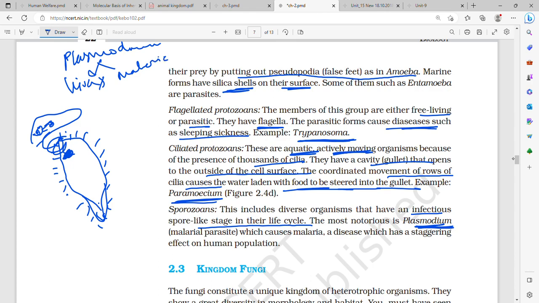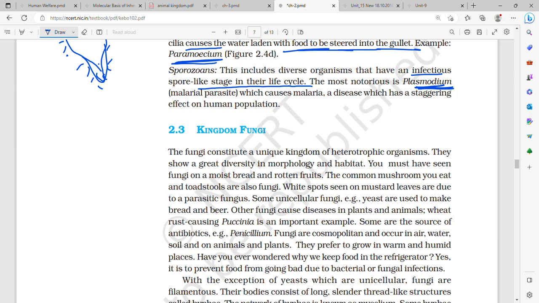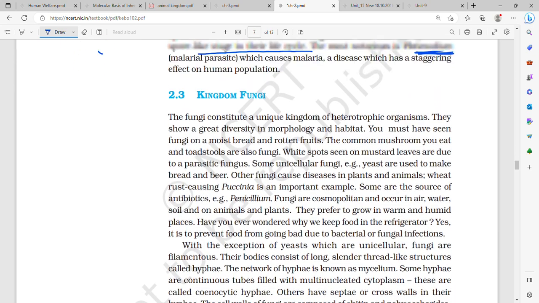Then the worst is malignant malaria, which is caused by Plasmodium falciparum, which has very serious effects and can even lead to death. A disease with a staggering effect on the human population.